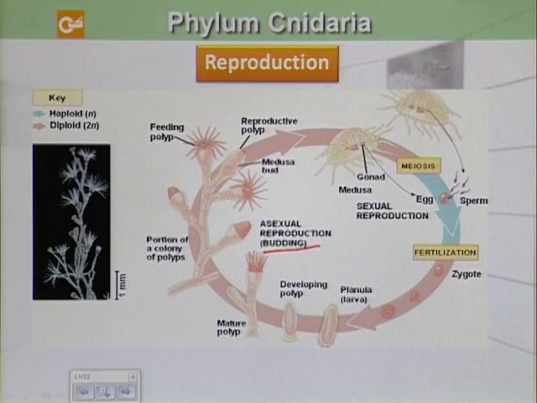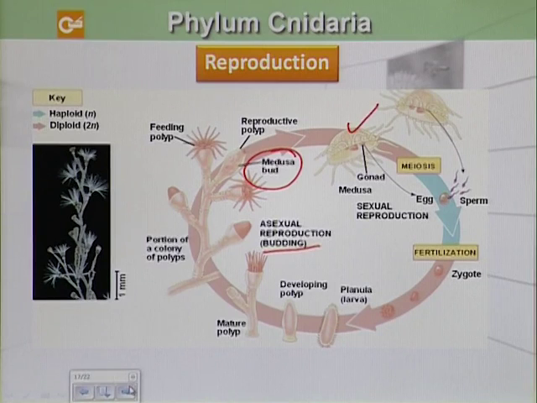In Obelia, there is asexual as well as sexual reproduction, and it has a kind of zooid which is known as blastostyle, and it gives rise to individual zooids which are called medusa buds, and they produce medusa by the asexual method, and the medusa when released in the water develops reproductive organs.